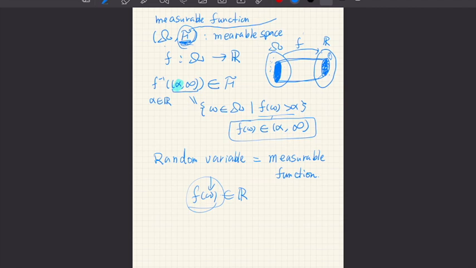Now we want to make one distinction between different kinds of random variables. One is discrete. The other is continuous.